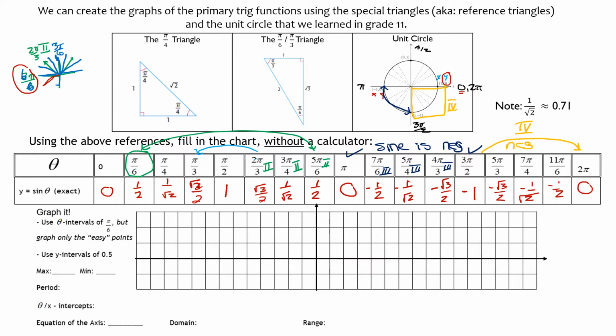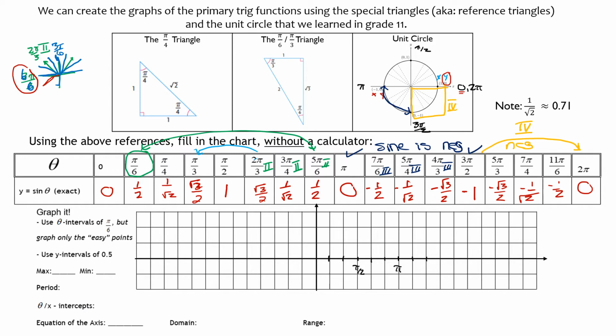I'm not going to label every single one. The first one would be pi over 6, that'd be 1/6, 2/6, 3/6. So I'm going to do the 3/6, which I will reduce to pi over 2. Then 3/6, 4/6, 5/6, 6/6, that's pi.